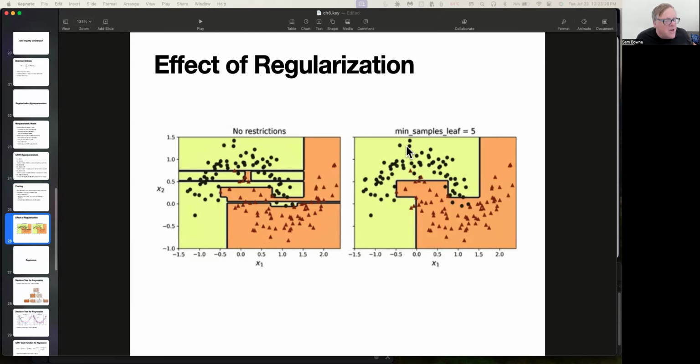But with regularization, you could limit, for example, the number of samples per leaf, where it's not allowed to split any smaller than having 5 samples in leaf nodes, which will limit the depth. And now you get a regularized answer where it has a contiguous boundary, orange on this side, yellow on that side, which is probably more representative of the underlying data.